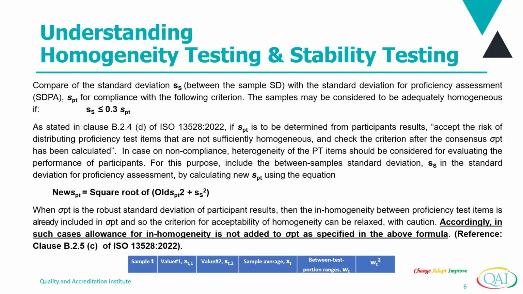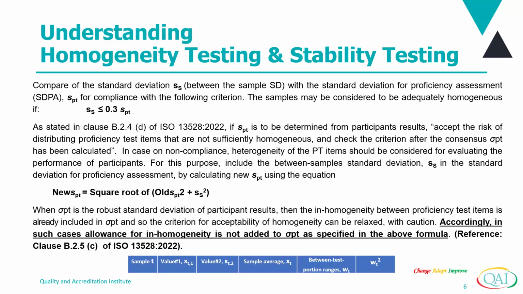Further, I also refer here to ISO 13528. If your SPT is to be determined from participants' results, accept the risk of distributing PT items that are not sufficiently homogeneous, and check the criteria after the consensus SDPA has been calculated.